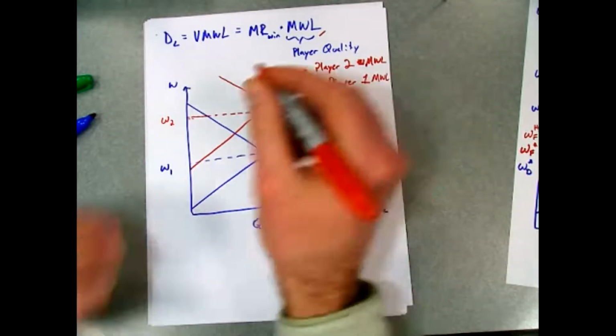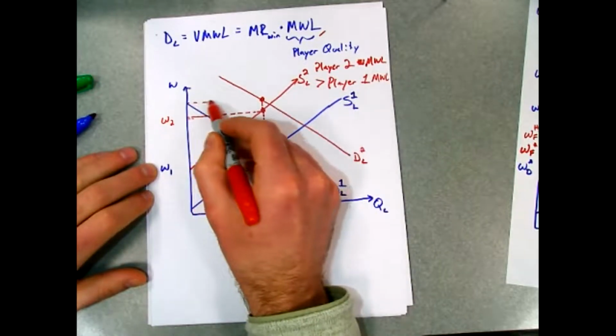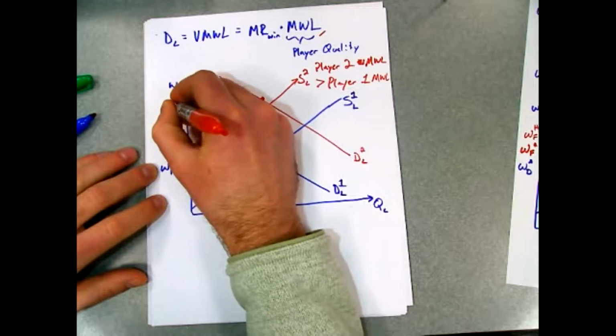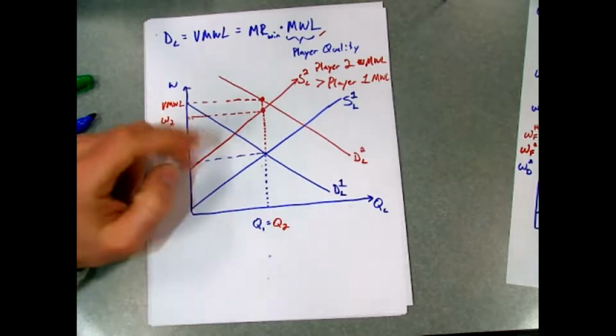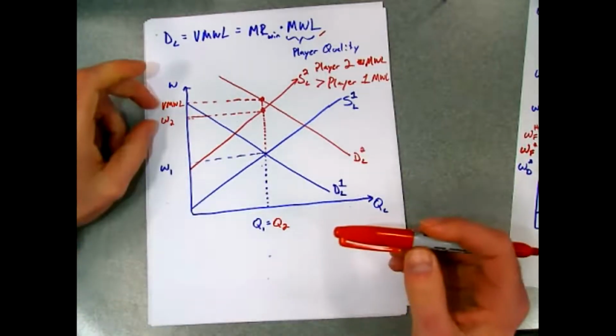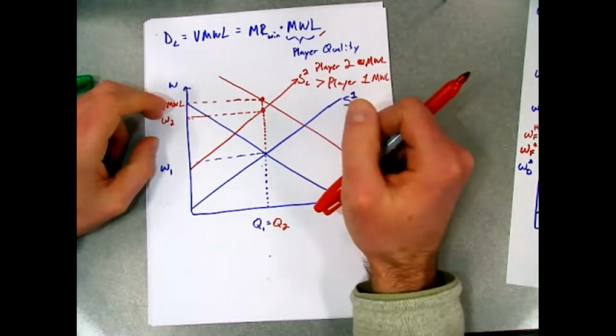What's the value of that player to the team? It's wherever we're at on that demand curve. So this would be a scenario where we'd still be willing to pay this player this higher wage, because the amount that we're paying them is still less than the value that they bring to the team.